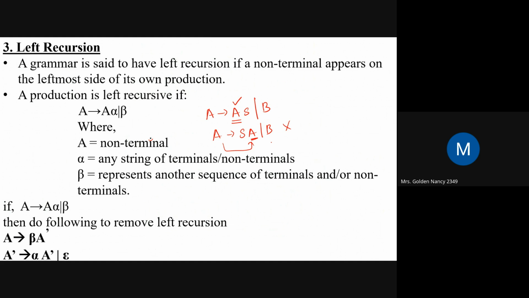So this is not your left recursion. Okay, so see the differences. If the first letter after the arrow mark is the same letter as your left hand side, then that causes left recursion.